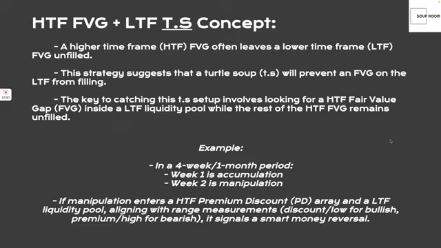If manipulation enters a high time frame premium discount array, a PD array, and a low time frame liquidity pool aligning with range measurements, discount when we are bullish, premium when we are bearish, it signals a smart money reversal.